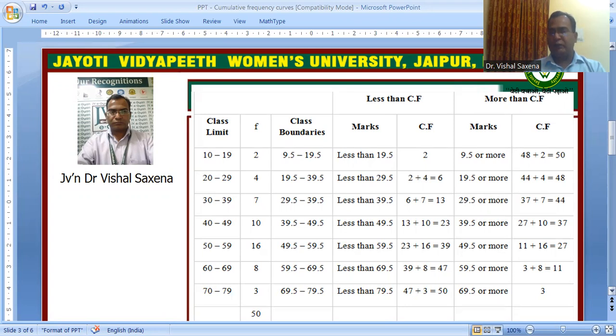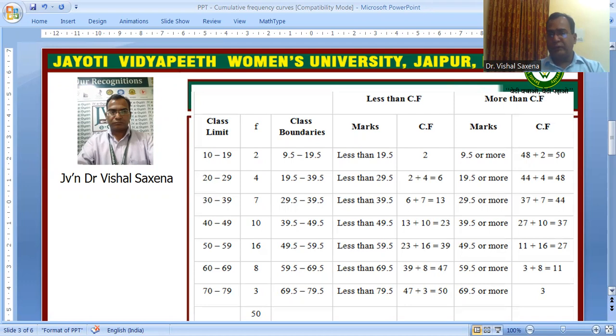In this way, all the class boundaries can be calculated, because we have to make the upper limit and the lower limit the same in the successive class intervals. Now it becomes 9.5 to 19.5, 19.5 to 29.5, 29.5 to 39.5, 39.5 to 49.5, and so on.